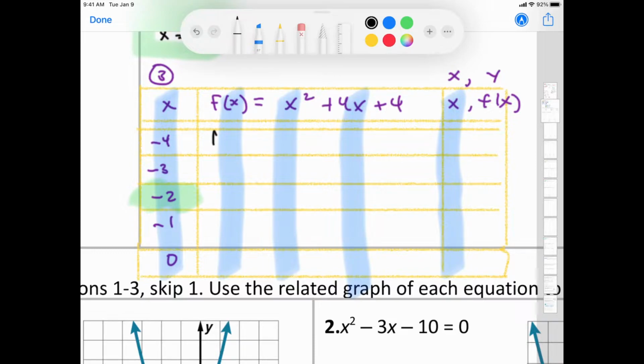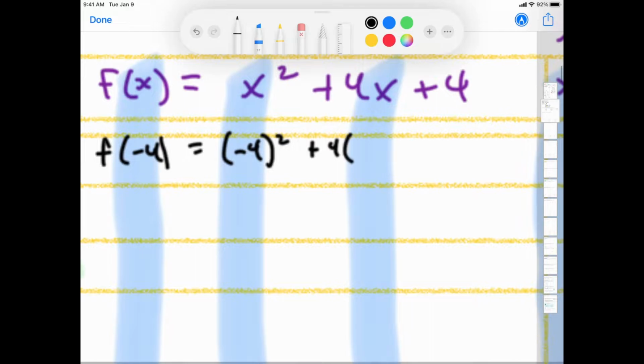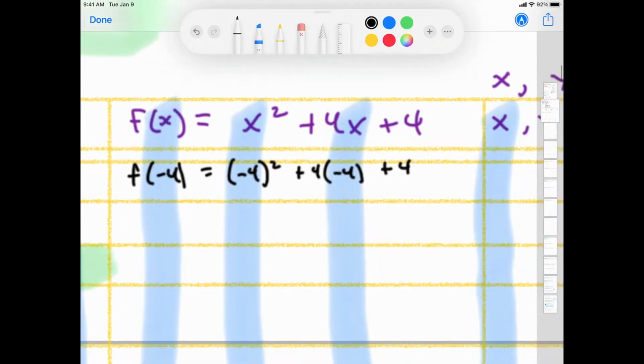So I have f of negative 4, so I'm using function notation, it's just a way of showing my work. Negative 4 squared plus 4 times negative 4 plus 4. Remember, every substitution is in parentheses, and we're going to use PEMDAS. If you need to, you can just write PEMDAS. We go on those chunks left to right.